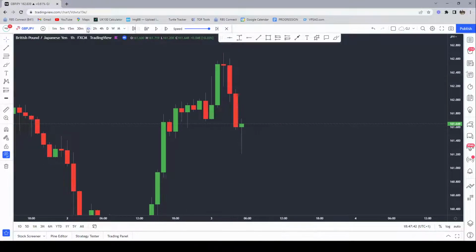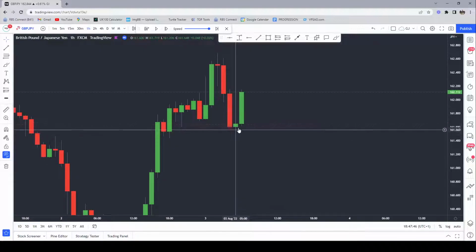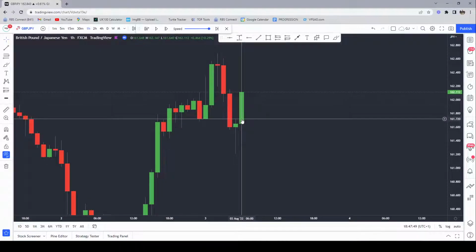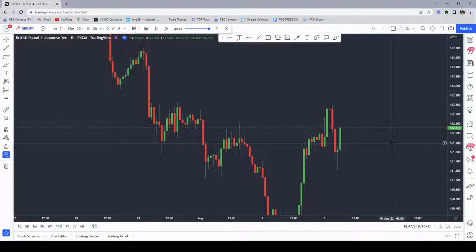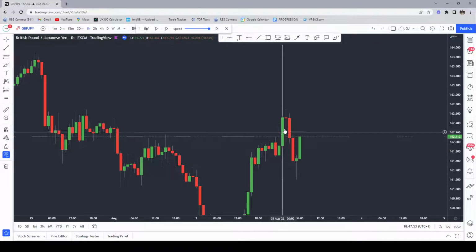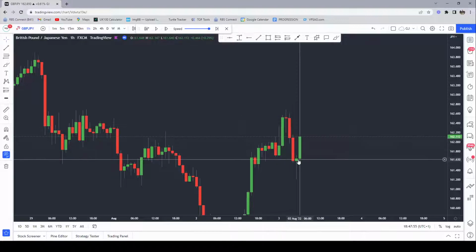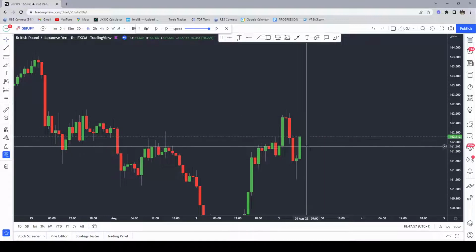So if I just fast forward 1 hour, we can kind of see that this confirms the support for me. So what I really like about this is we have our target, we have our pullback, and we have our confirmation of support.